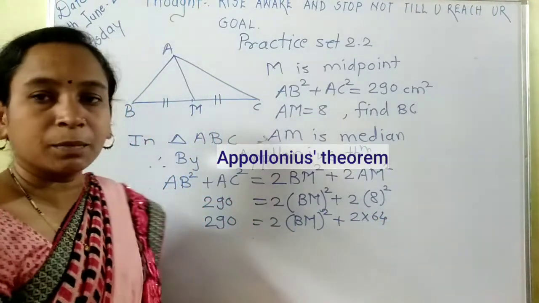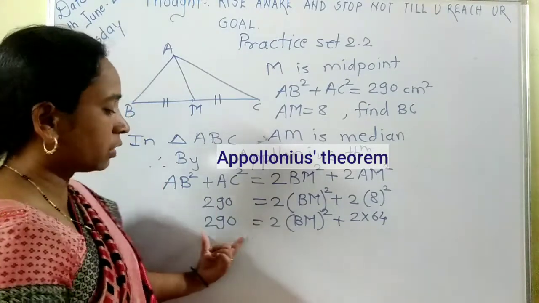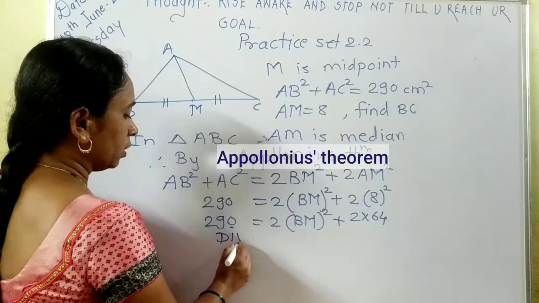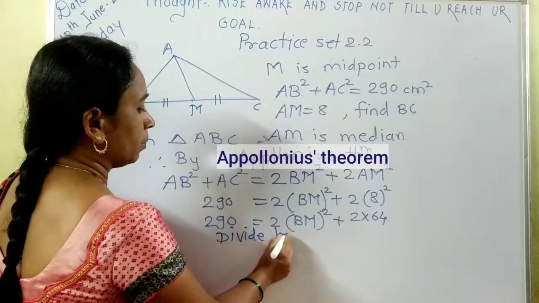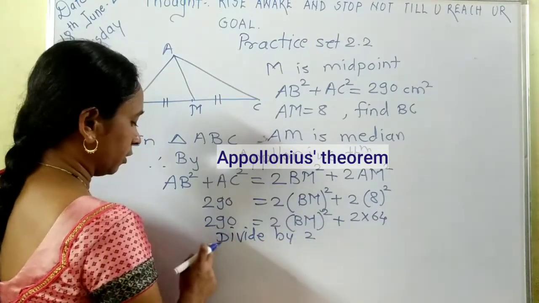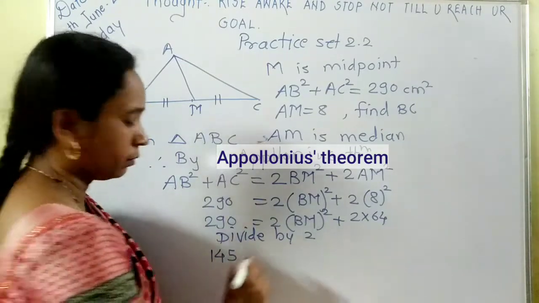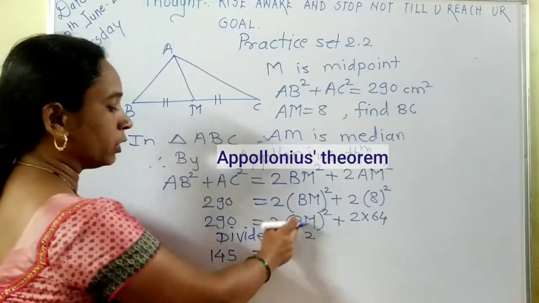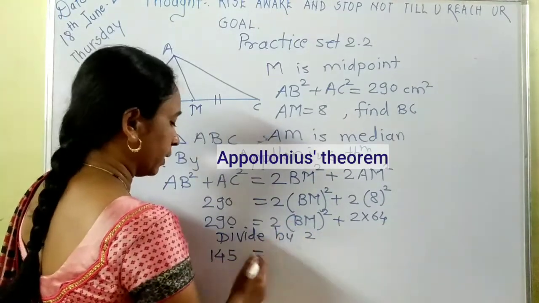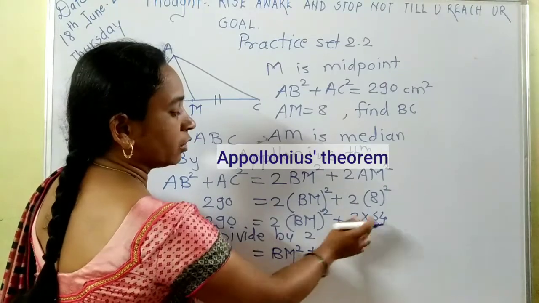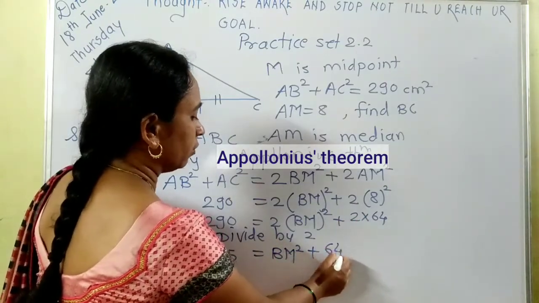All are divisible by 2. This equation is divisible by 2. So if I divide this by 2, I will get 145 is equal to BM square, because the 2 will be cancelled, plus here also 2 will be cancelled and 64.